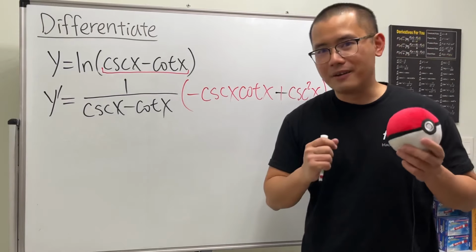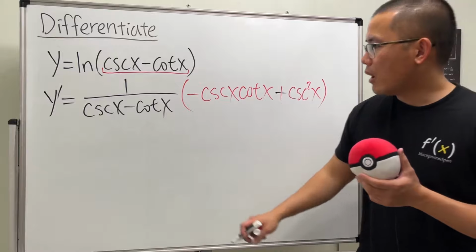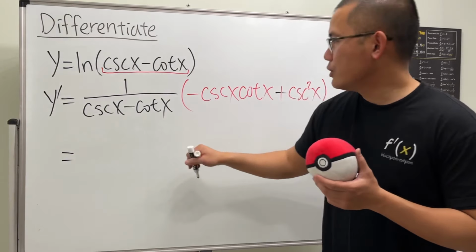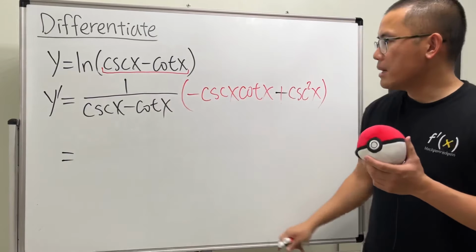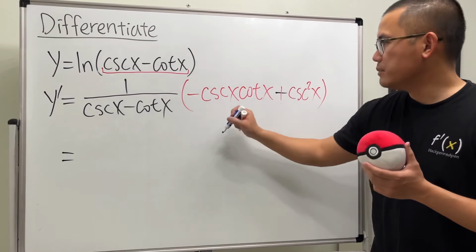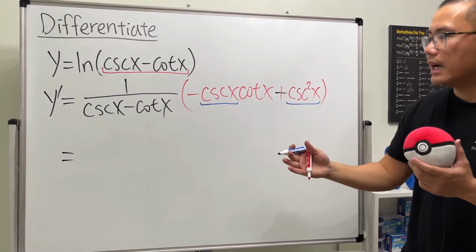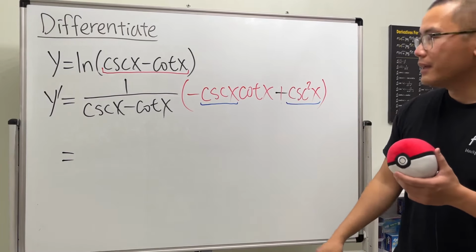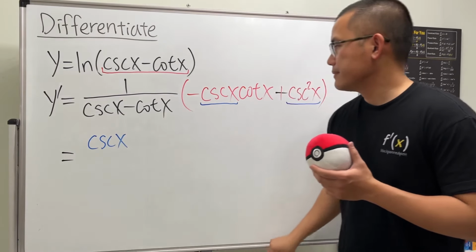And now here's a very nice simplification that we can do. So we are going to do the following. I am going to just look at this and then I will put it on the top. But notice that both terms have a cosecant x factor. So we can factor that out, and we will, okay? So let's write down cosecant x.